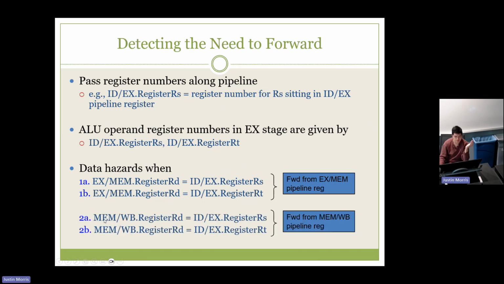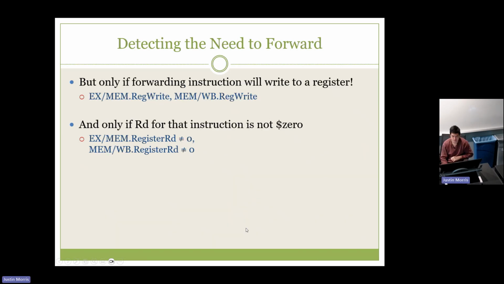Or the register between memory and write back, RD, is the same as RS or RT, and it's writing to a register. Okay. And that's what it's talking about here, but only if the forwarding instruction will write to a register. If they're not writing to a register, we're not dependent on it, okay?